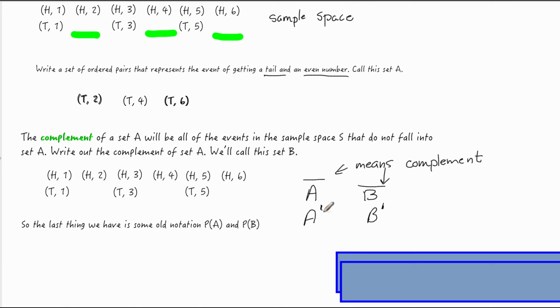So A prime also means the complement of A, and B prime also means the complement of B. So now, why are we learning all this? Because this may help us figure out the probability of event A and the probability of event B easier if we can see it in set form.